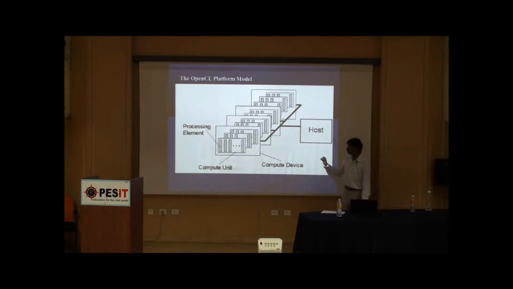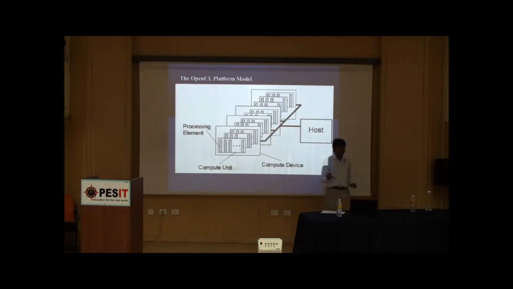Again, if you cut open the compute device, take an example of a processor, a multi-core processor. You cut open the processor, you find a number of cores. Each core becomes a computing unit.